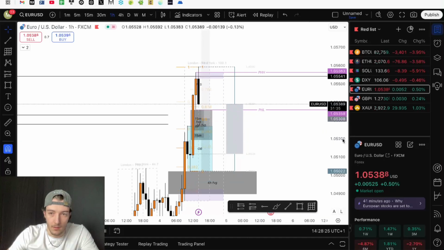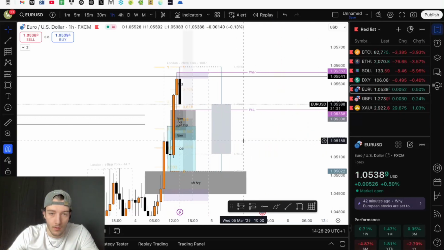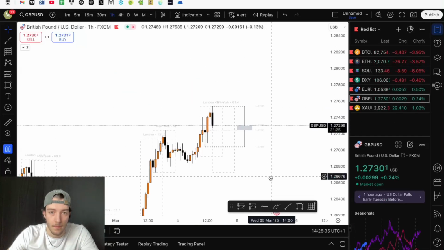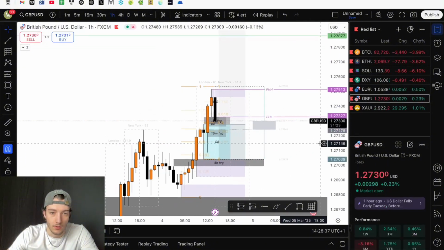We're coming down into this 1-hour fair gap very soon on Euro. We already came into it on GU.